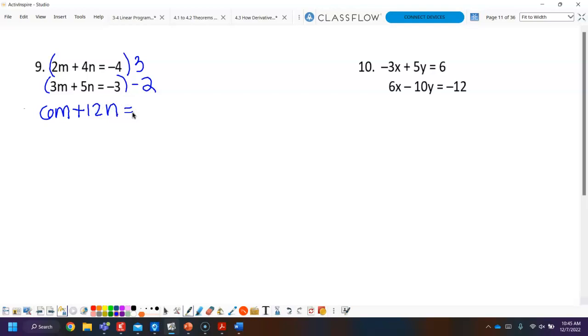And 3 times -4 is -12. Take the bottom equation times -2, you get -6m, -10n equals +6. So by multiplying the bottom one by that negative, you can now go back to adding your equations together.